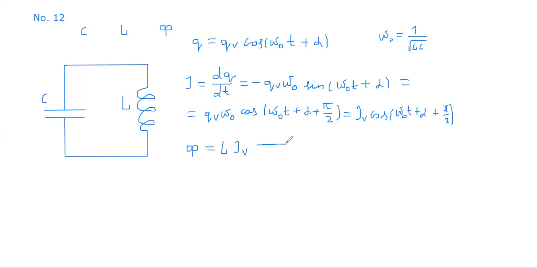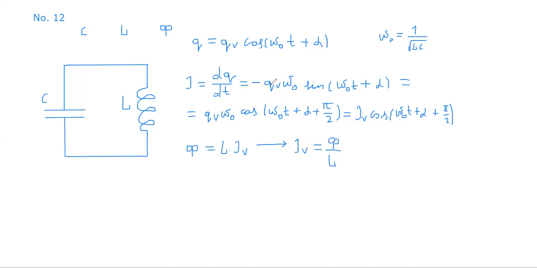So from here we have that I_m is equal to Phi divided by L.